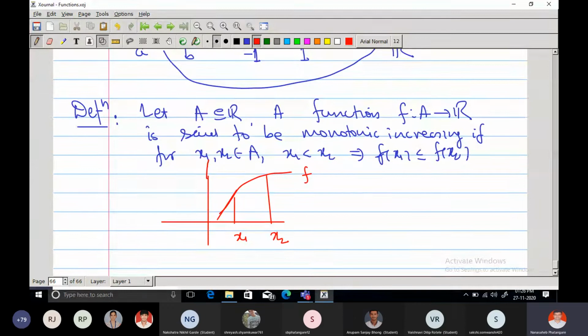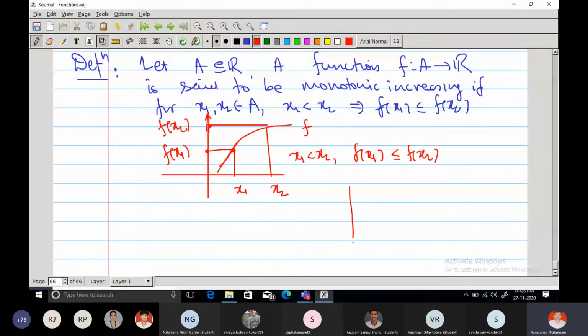Now the value of the function at x1 is on the y-axis here, and the value of the function at x2 is also on the y-axis here. So x1 is less than x2, and f of x1 and f of x2, which is bigger? f of x2 is bigger, maybe equal sometimes. Here it is strictly bigger.